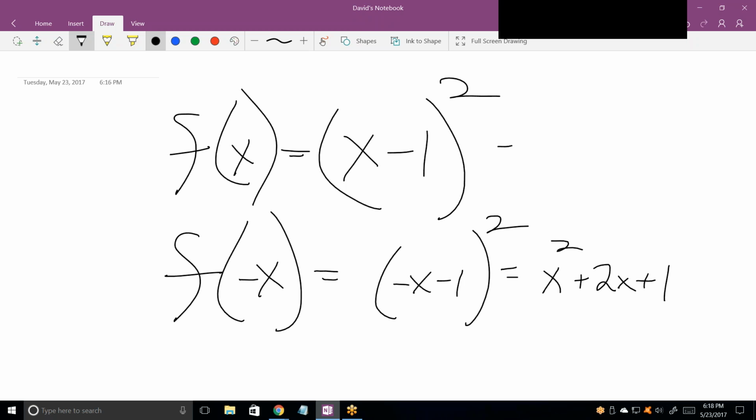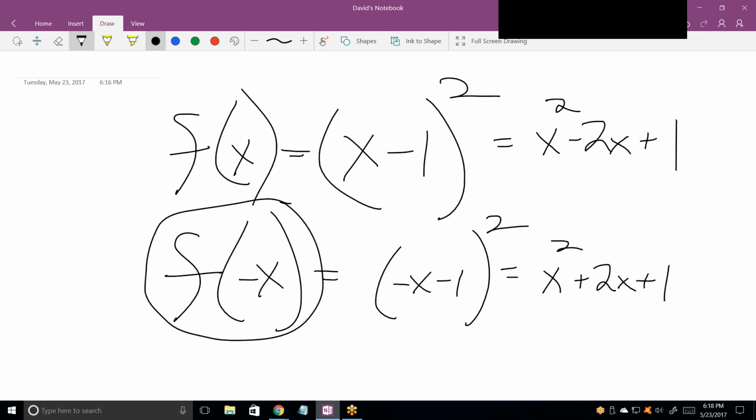And let's square this one up here. x squared minus 2x plus 1. Okay. So, f of minus x is definitely not equal to f of x, right?